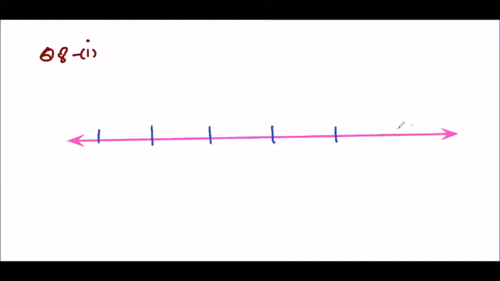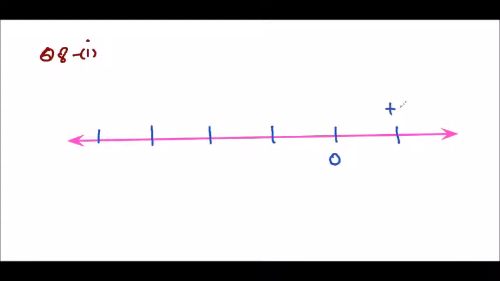Now draw a line. Now divide this line into equal parts because we have more parts on the negative side. So we will start from here.